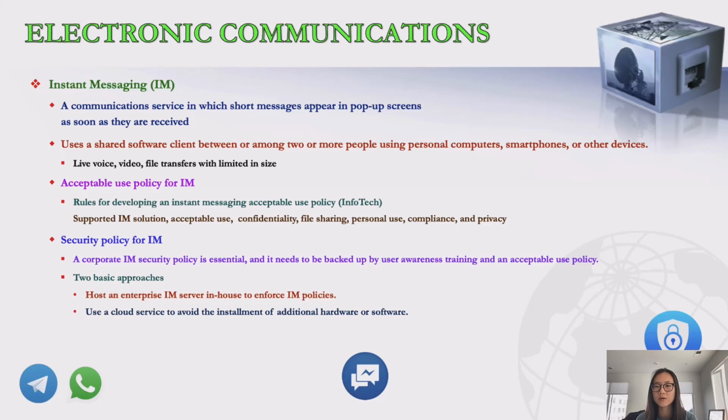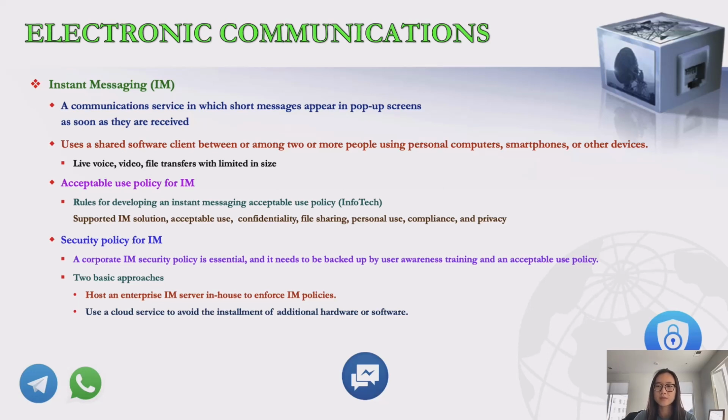Threats include viruses, spams, malware, and phishing attacks, inappropriate use, and regulatory non-compliance. Therefore, if an organization is going to enable its employees to use instant messaging, a corporate instant messaging security policy is essential, and it needs to be backed up by user awareness training and an acceptable use policy.